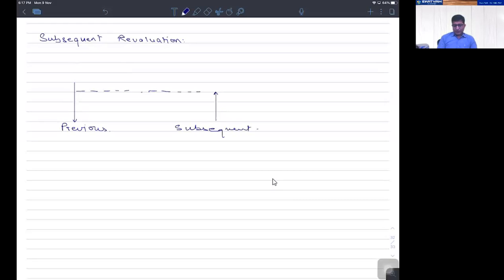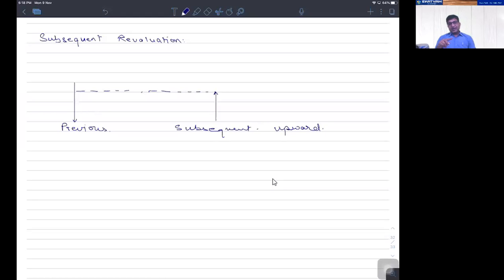If there is a subsequent revaluation, and previously there was a downward revaluation to a particular point, and in the subsequent case the upward revaluation is less than the previous downward revaluation, then, because if subsequently also you do a downward revaluation, you will again be debiting it to the P&L account.